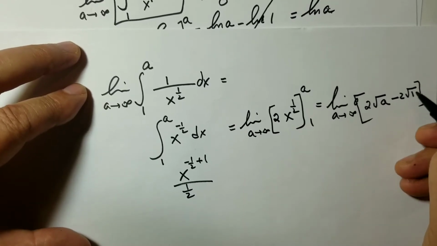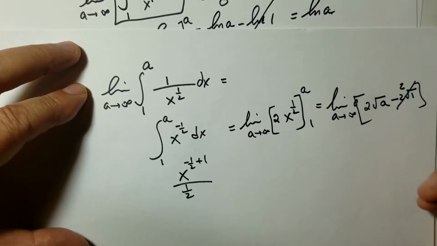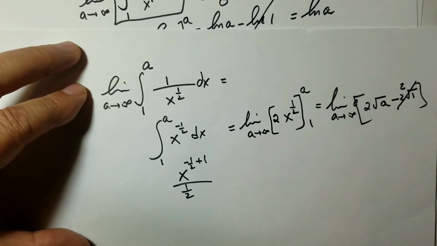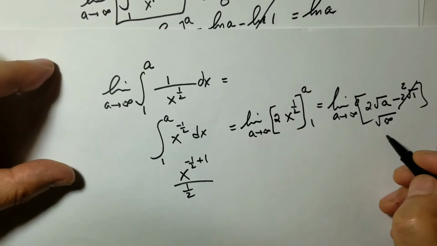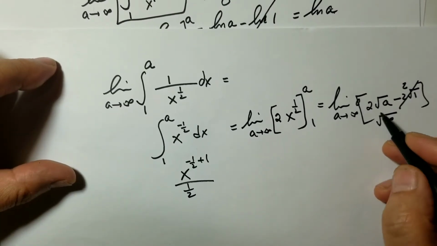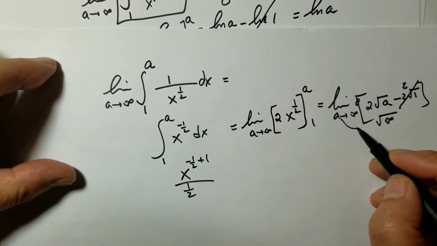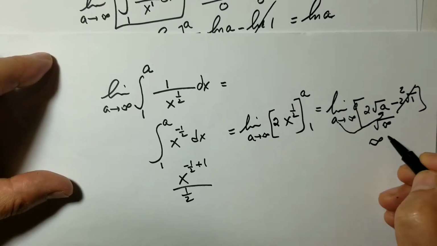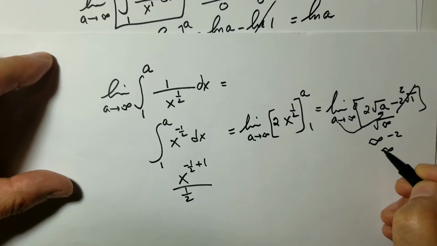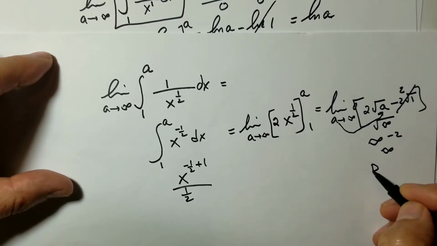I know 2 square root of 1 is 2. But what is the square root of a large number? It is a large number. Therefore, when I take the limit and A becomes infinity, you're going to have a huge number minus 2, and that becomes huge. Therefore, this also diverges.